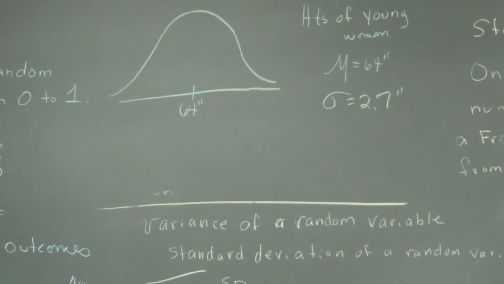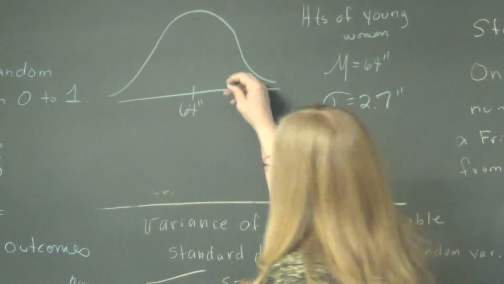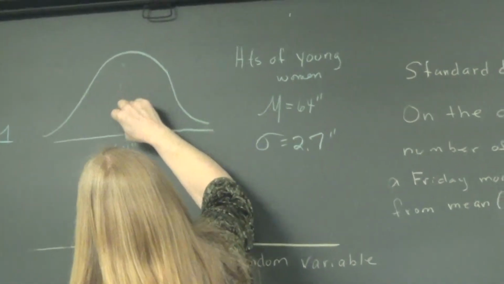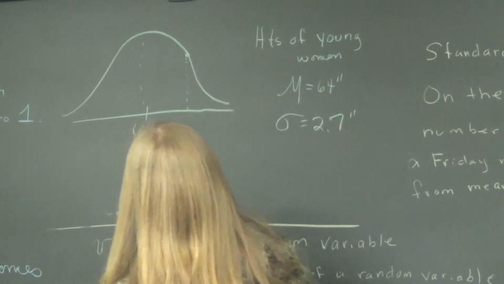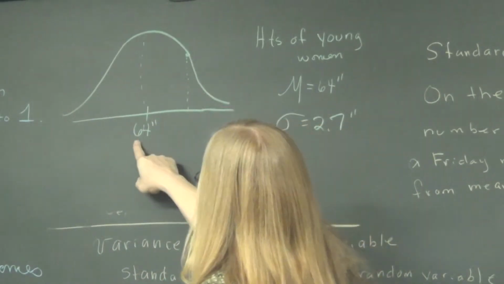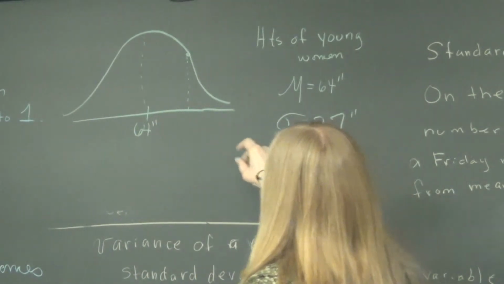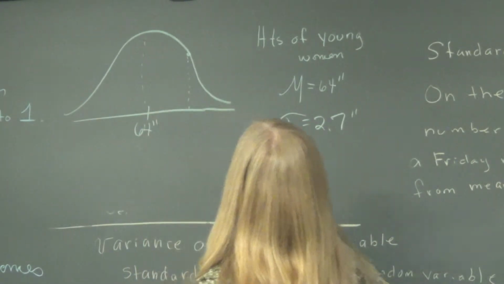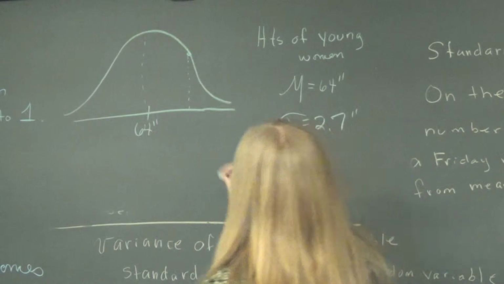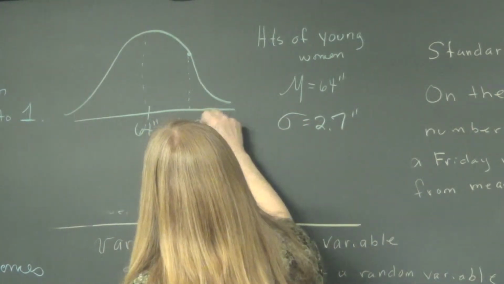And you'll recall that if we go out one standard deviation from the mean, say right where the curve changes from a frown to a smile, you go 64 plus 2.7. What is it? 66.7. What would the next one be?